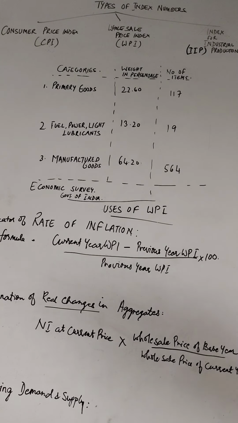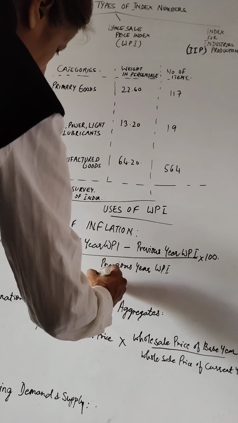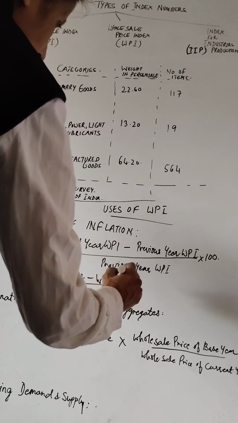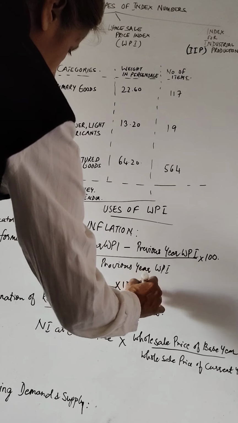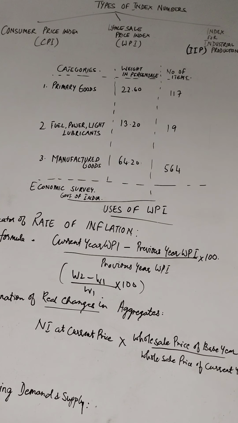Current year would be your week 2. So what will be your current year? Week 2 minus the previous year, which we can put as week 1, divided by week 1, into 100. If you do this, you will find out the rate of inflation in the economy.